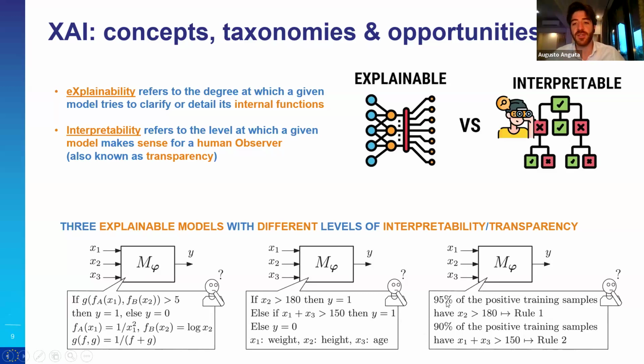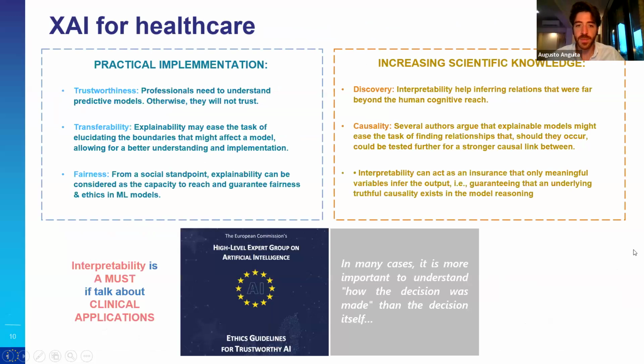Like 95% of the positive training samples have this feature, that could be blood pressure, for example, above 180. And this is the first rule. It could be one category, and this is the second rule. This is going to be more transparent and more interpretable than this model, but the three of them are explainable. And why is it so important to have this explainability and interpretability, especially in healthcare?